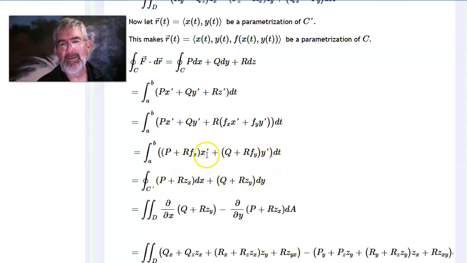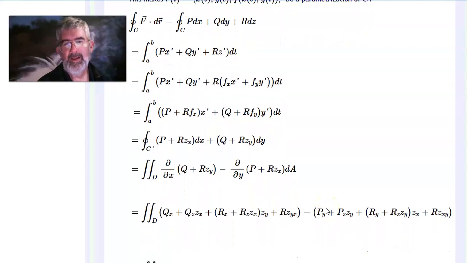That the x prime dt is the dx, the y prime dt is the dy. And now I can use Green's theorem in the plane to say that this line integral around c prime is the double integral over d of the partial of this one with respect to x minus the partial of this first one with respect to y.